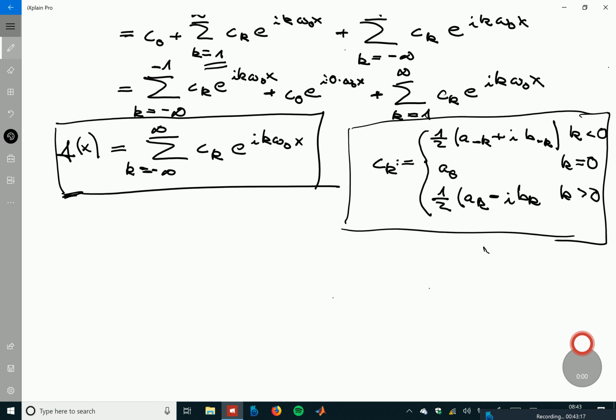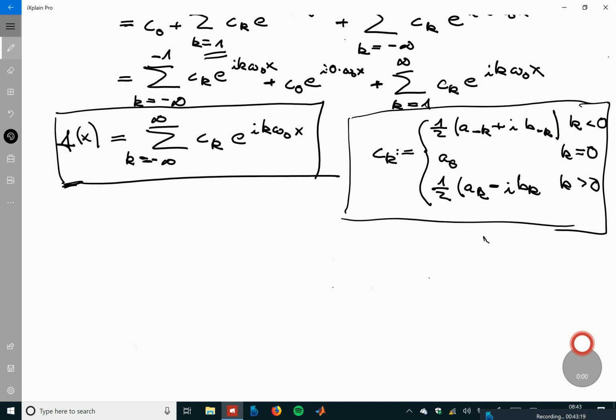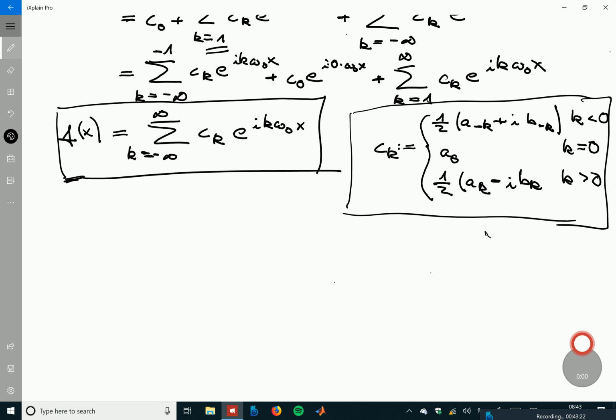So that's actually one point that is different in a way between the real and the complex form. In the real Fourier series, k were natural numbers. For the complex Fourier series, they are integers, so positive and negative, ganze Zahlen. So the natural numbers with their negative counterparts and 0.